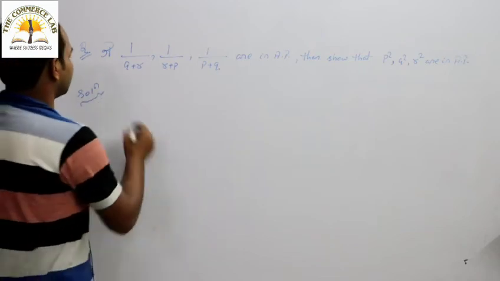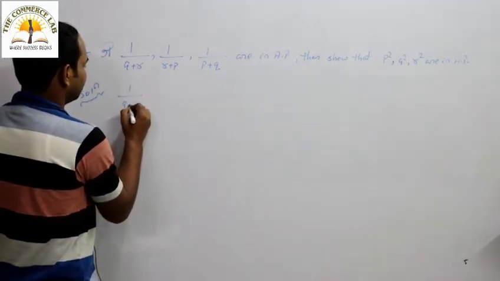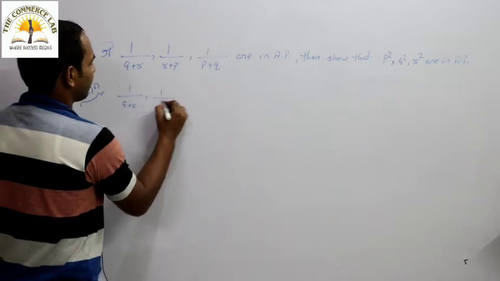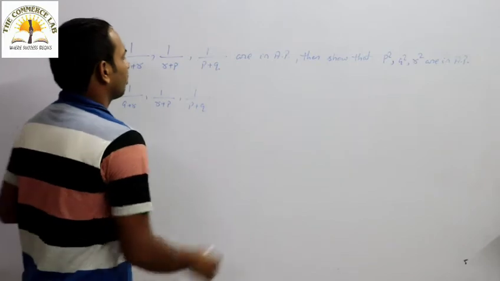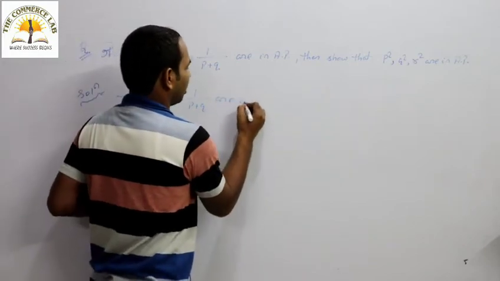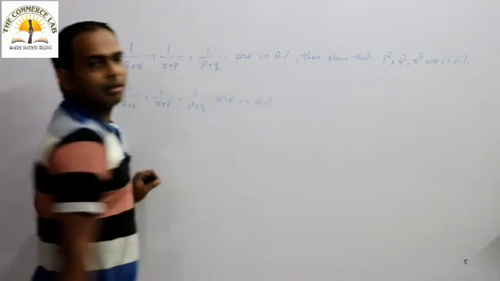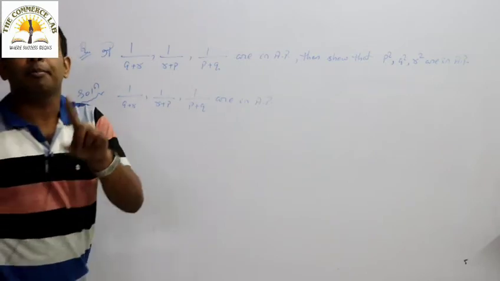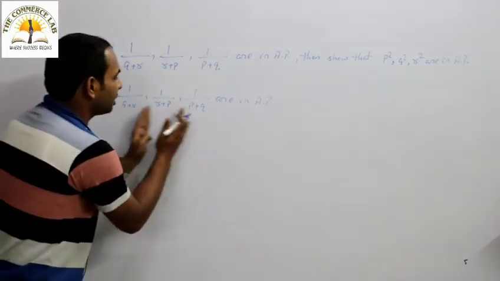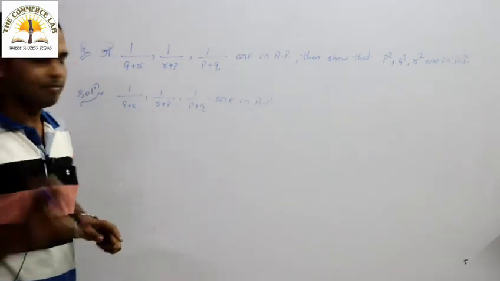It is given that these are in AP. If a sequence is in AP, that means the difference between two consecutive numbers is the same.